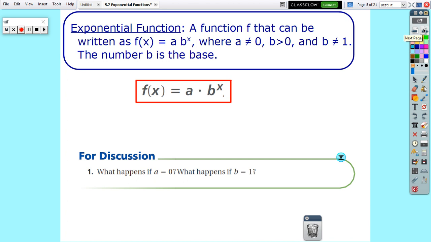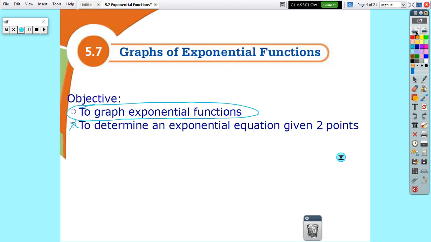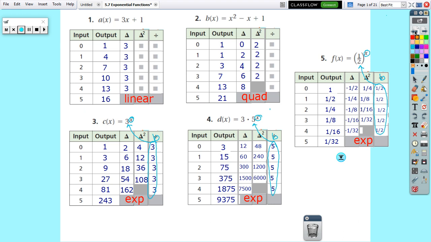So this is what an exponential function is. It's always got this form, a times b to the power of x. And there's a couple of really important things that you have to know. A cannot be 0, b has to be bigger than 0, and b cannot be equal to 1. So if you look back at the assignment from yesterday, each one of these represents your b.